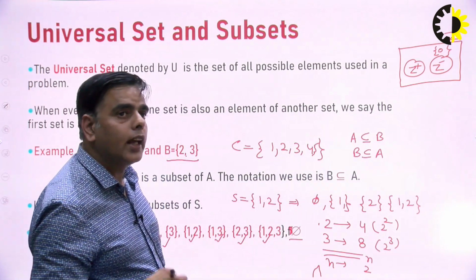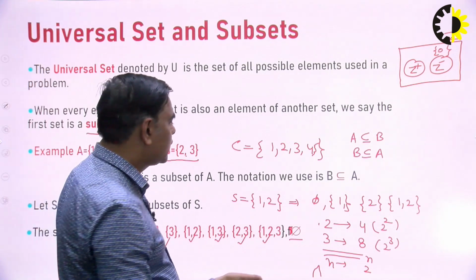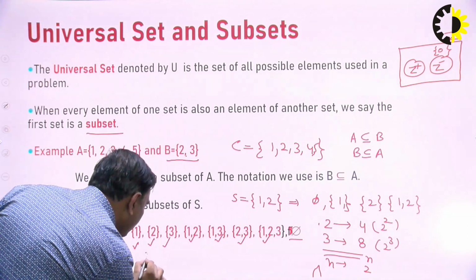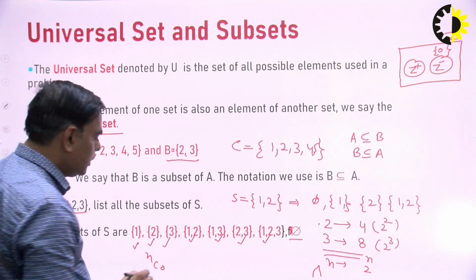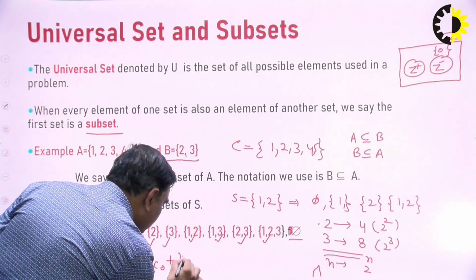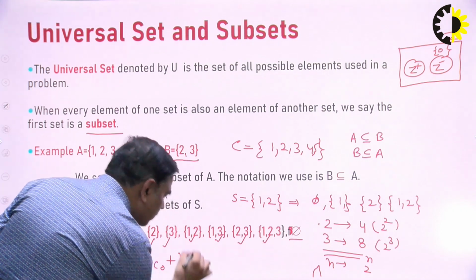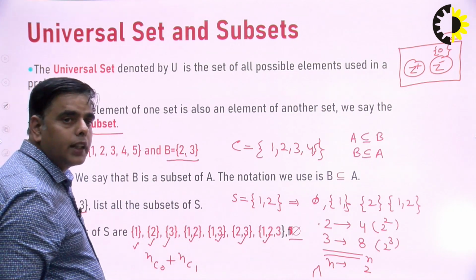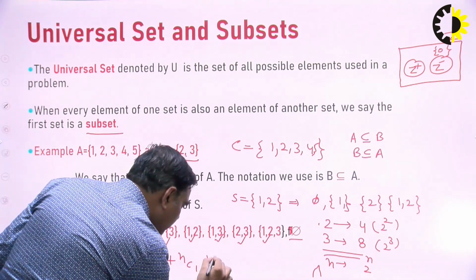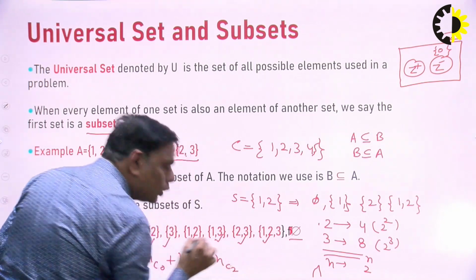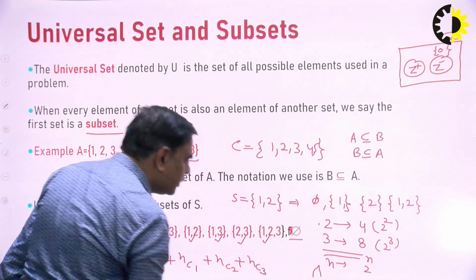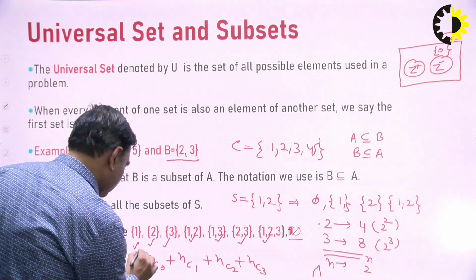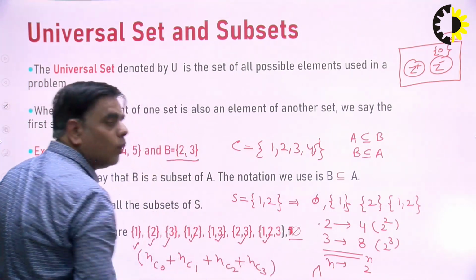And how can you calculate it? This is very simple. First you will create all the combinations having 0 elements, then all the subsets having 1 element, then NC2 having 2 elements, then NC3 having 3 elements, and so on.